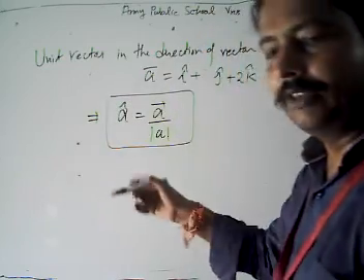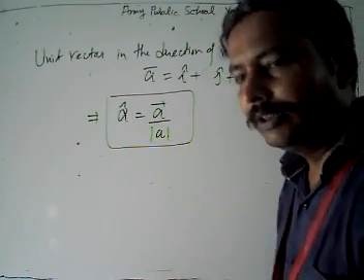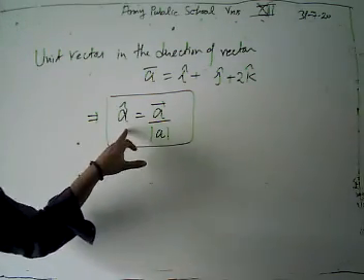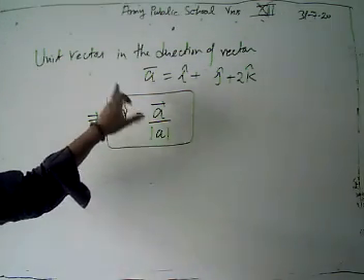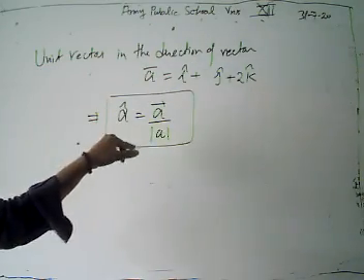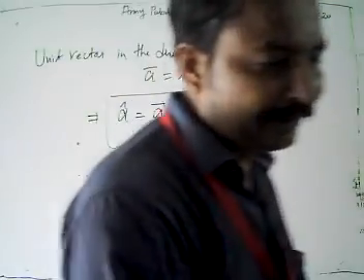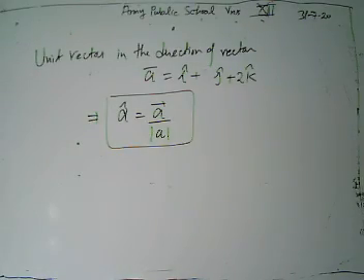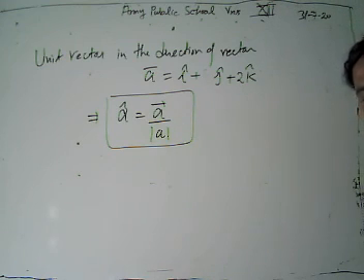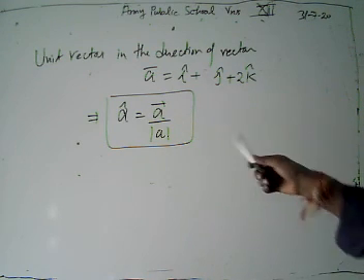The unit vector in the direction of vector a is given by a cap equals vector a divided by its magnitude.